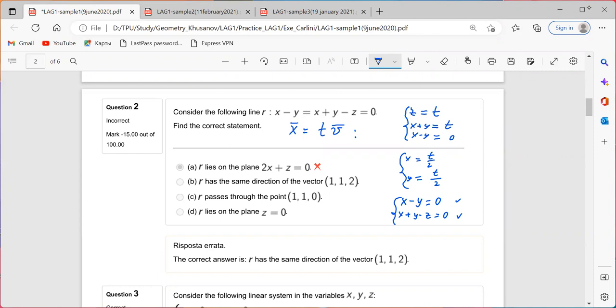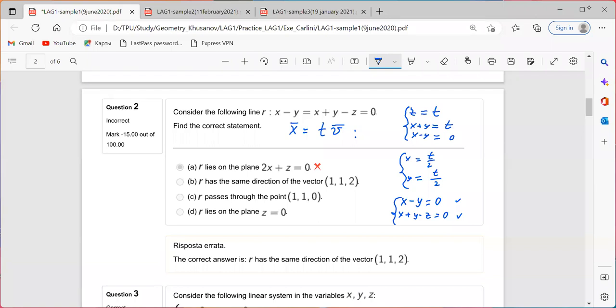So x minus y equals 0 will be one plane. x plus y minus z equals 0 will represent the second plane. So we have 2 planes in our R3 space.